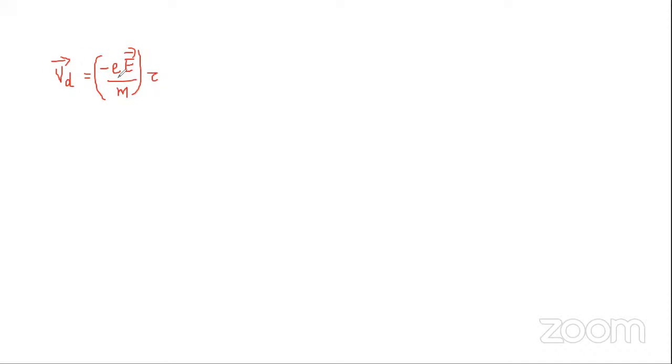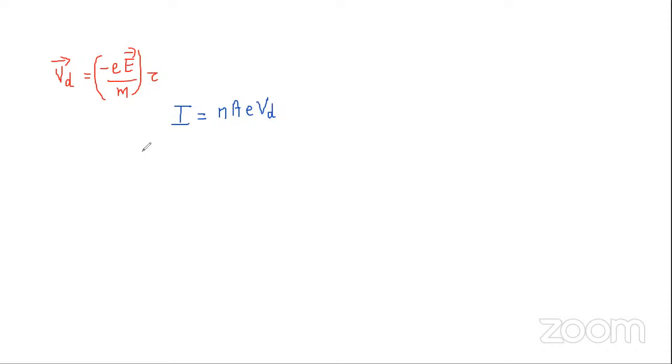Using the expression for drift velocity, we can find out the relation between the current and the drift velocity. There is a derivation for that, and we are not going to discuss it in detail. I am just writing the final expression: I equal to N E A into Vd.